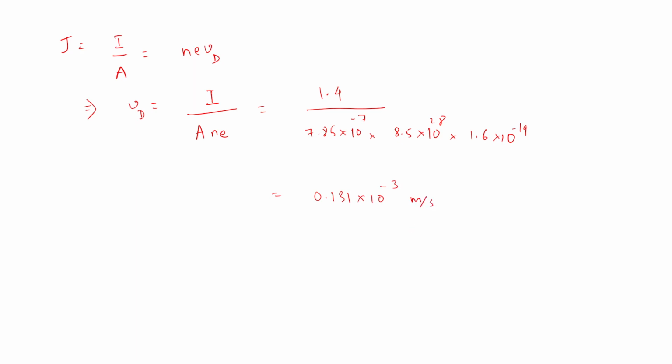I hope you understand this formula, J is equal to nevd. Why does this come up? Let us spend some time to discuss a heuristic derivation of this formula.